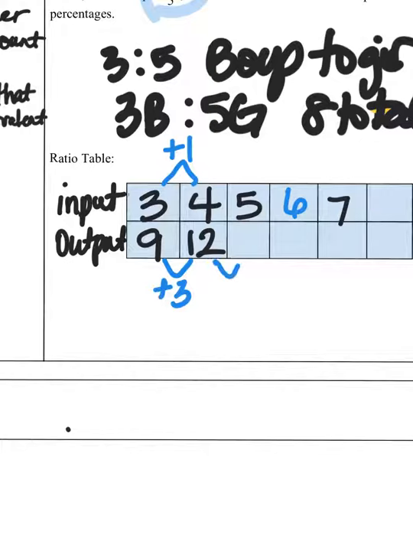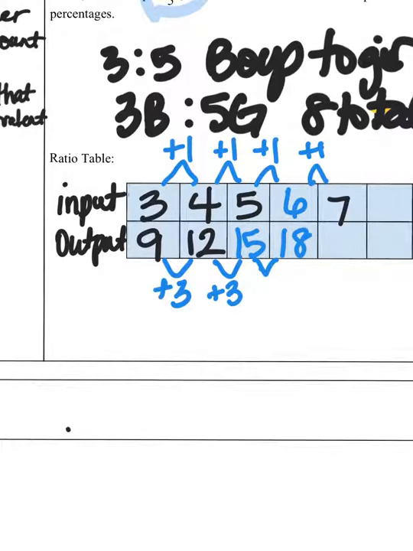And if my rule is that I'm adding 3 every time I increase this by 1, then 12 increased by 3 would be 15. 15 increased by 3 would be 18. And then 18 increased by 3 would be 21.